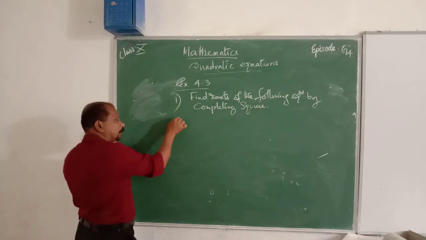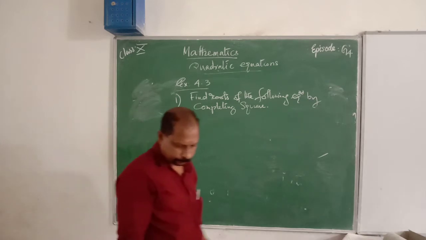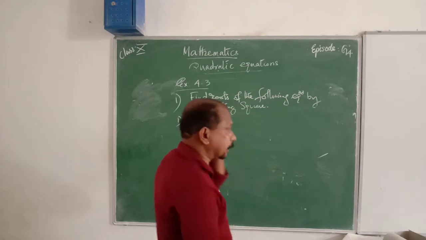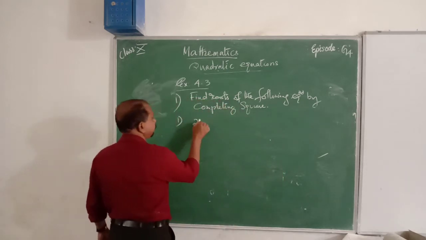The first question for that one is 2x square minus 7x plus 3 is equal to 0.